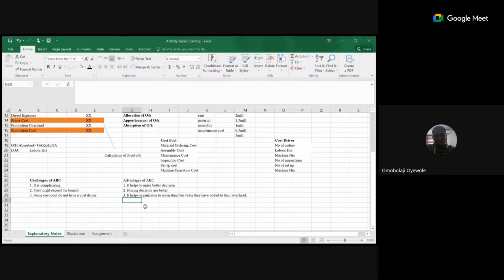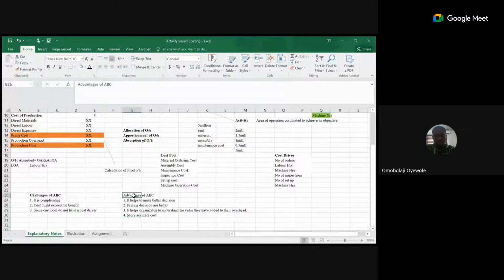Another one, let me just add one more: more accurate costs. So these are the advantages of activity-based costing and the challenges of activity-based costing.